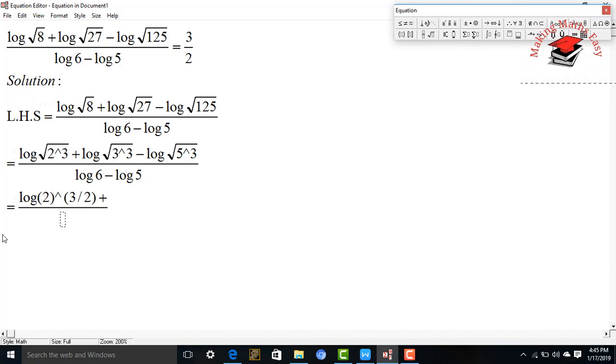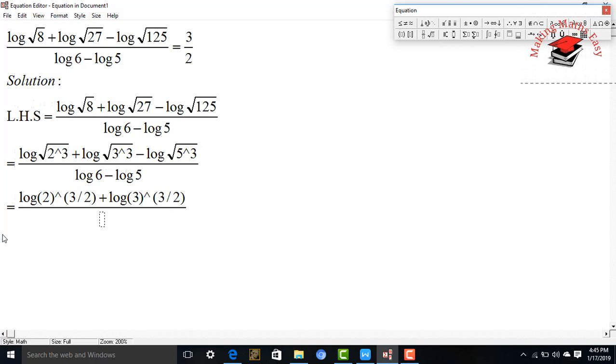Now for the second, log of 3 raised to 3 divided by 2, as it is a square root.